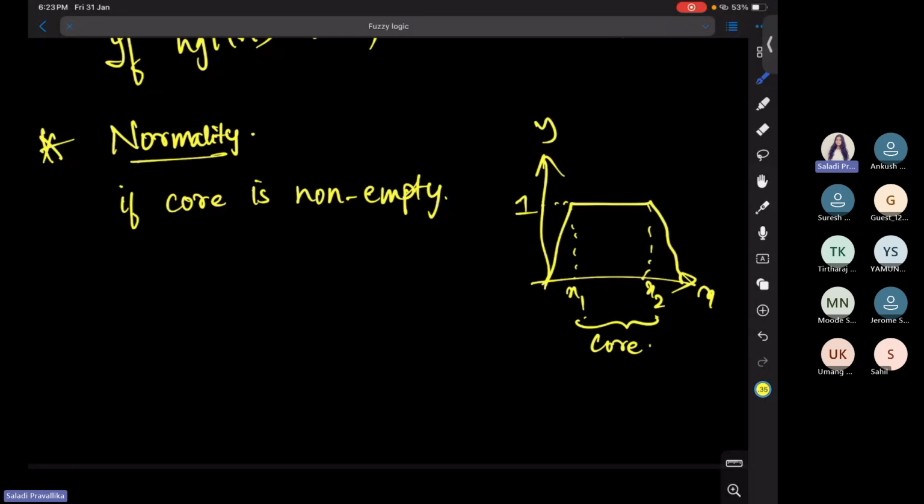When the membership function value is equal to 1 between the different values, then the whole set is called a core. So now we are saying we want the core to be non-empty. That is, at least one value should have a membership value equal to 1, right? Then it is called a normal fuzzy set. Okay, this is clear.